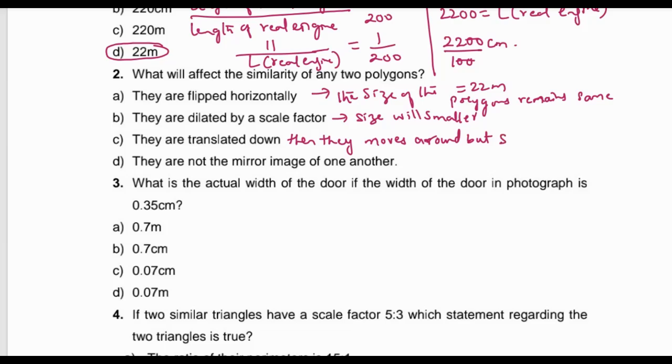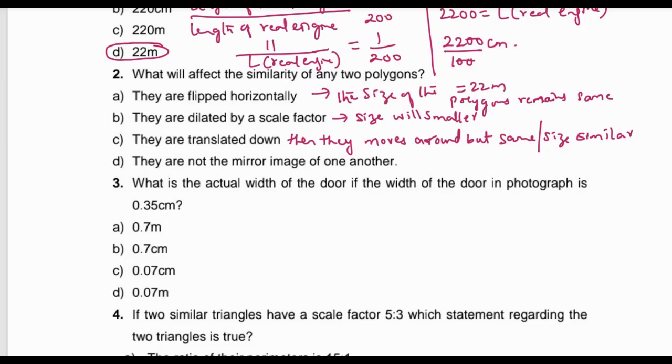The shape and size will be same or similar. The size and shape will be similar if it is translated down.